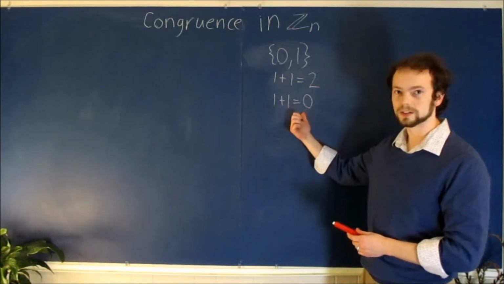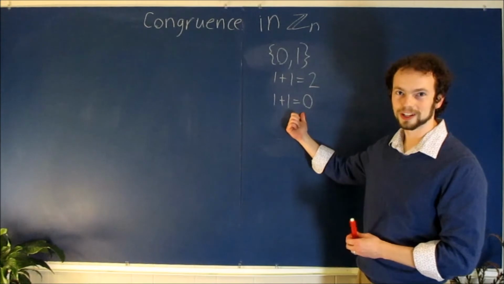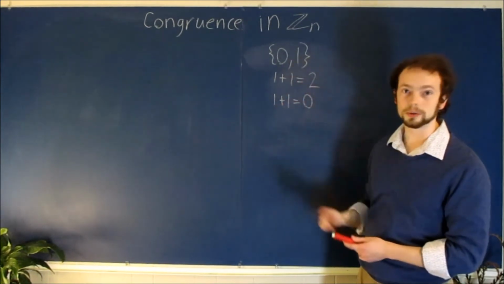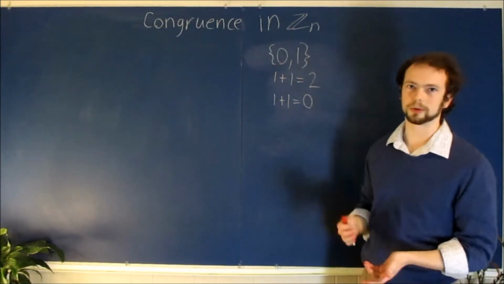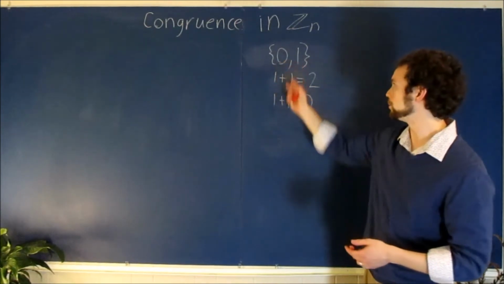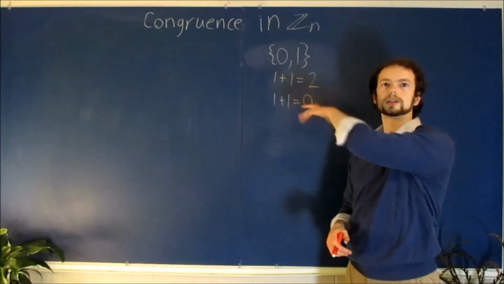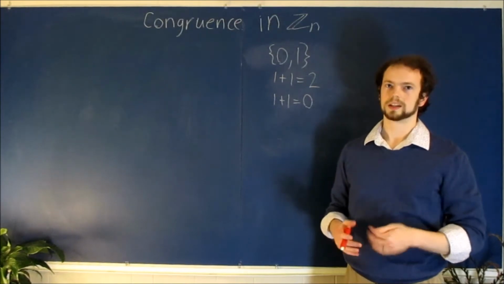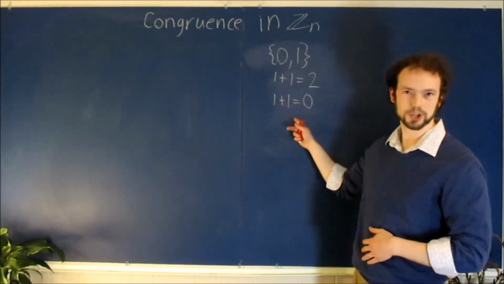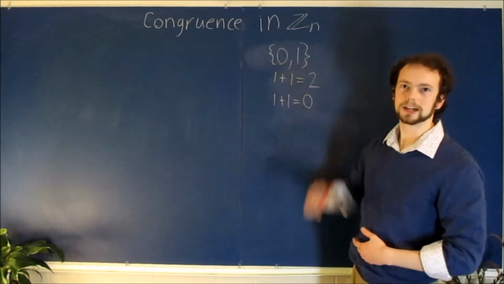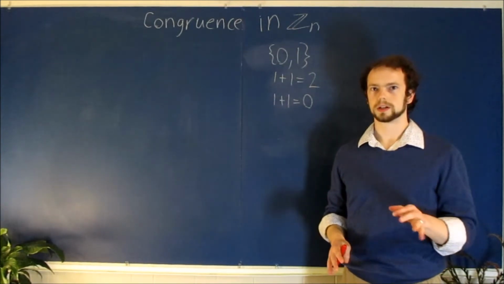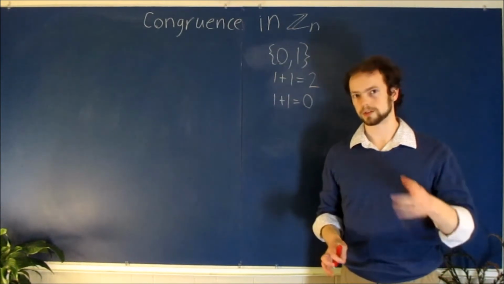If we do this, we actually solve our problem of closure for addition. Now it's closed. 0 plus anything will always be 0, and if I add 1 to 1, I get 0. 0 plus 1 will still be 1. So I can no longer escape this set through addition. If I make this change, then this set actually does constitute a ring. You can check that all of the other axioms that we've talked about are satisfied.